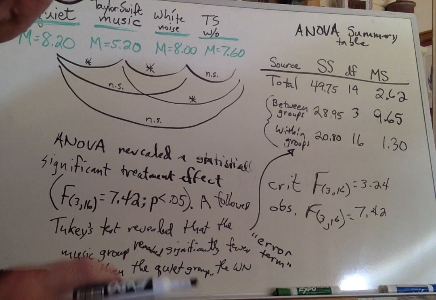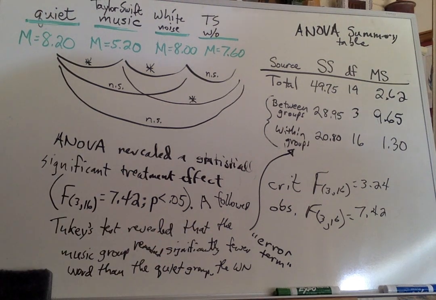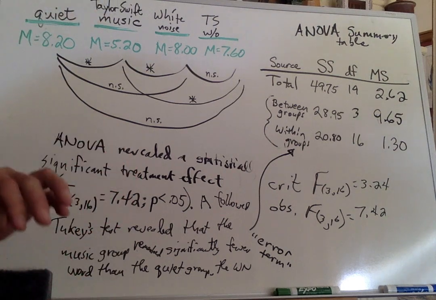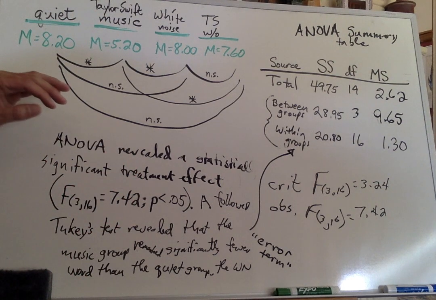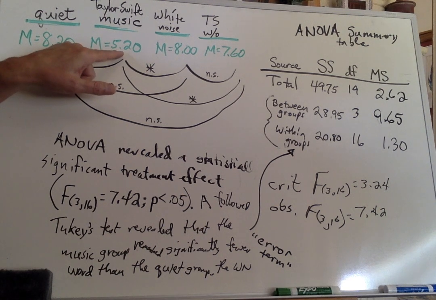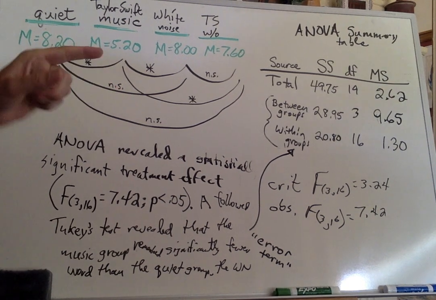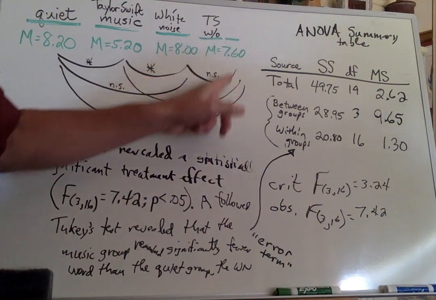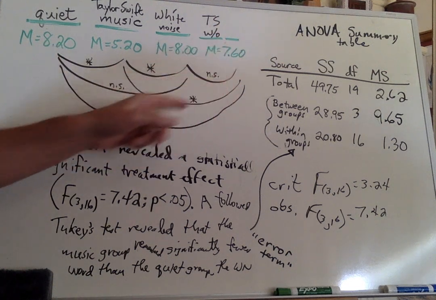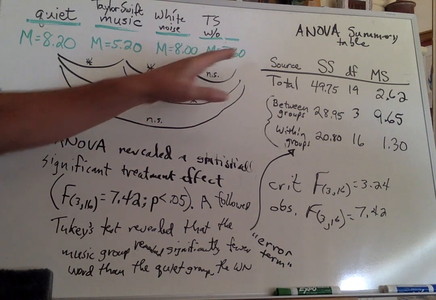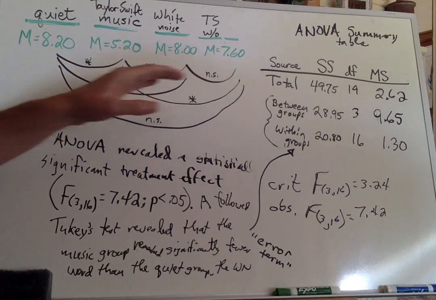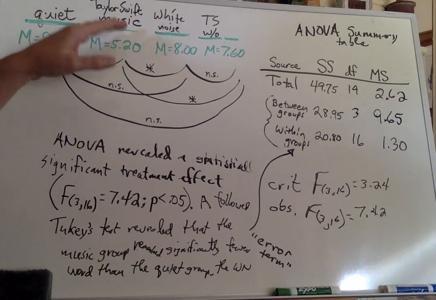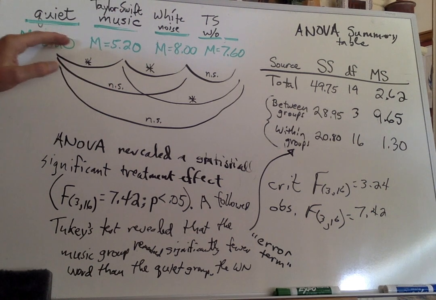Now, as a researcher, I want to make sense of this. We have four groups for a reason, not just to have fun. And what we can say is, well, was this decrement due to the music? I would say it's not specifically due to the music, because here's the same music over here, and we didn't see any kind of decrement. So just the music alone didn't do anything. Well, was the decrement due to the fact that this group was just in a noisy situation compared to the quiet?